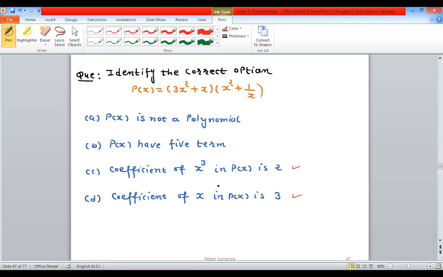Who is? Karan said D is true. Soham again said D. Okay, many students say D. Aryan said again D. Five students said D. Calvin said A.